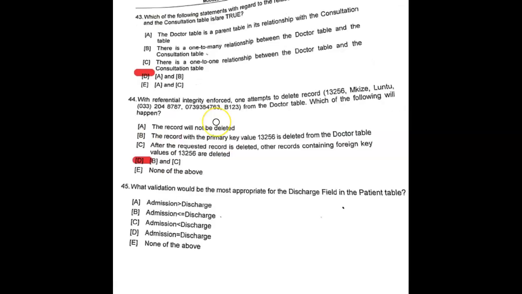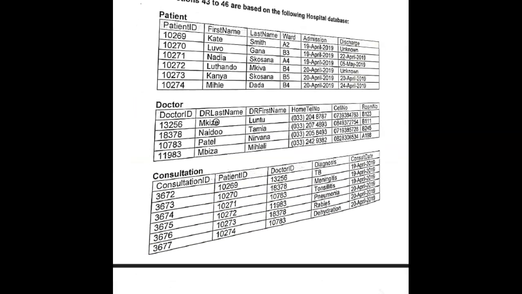So looking at admission and discharge over here, can you see how discharge is always greater than admission? That makes sense. When a patient is admitted, when he goes out, the discharge, it'll be after, right? 19th April of 1922. So all the discharge dates are greater than the admission, right? So basically the validation rule must be that discharge must be greater than admission, because you can't have discharge before admission.